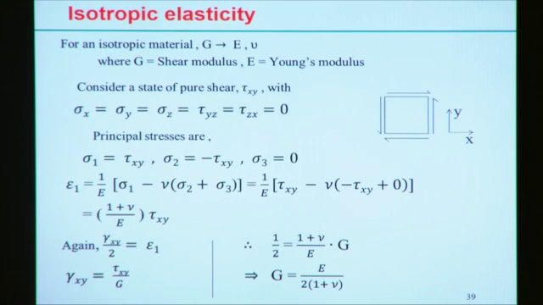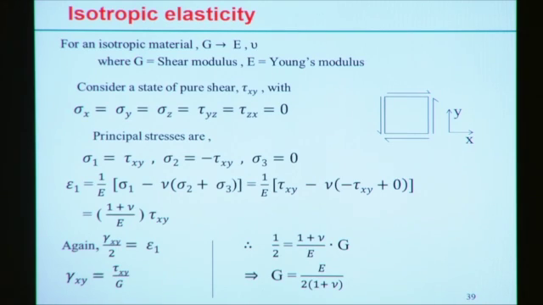Now let us look at the relation between G, E and nu, that means between the shear modulus, Young's modulus and nu, these three constants. First we will focus on the state of pure shear. In the state of pure shear, there exists only one shear stress, that is tau xy, and the other three normal stress and two shear components are 0.